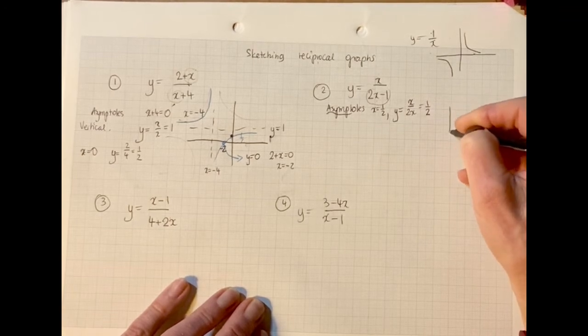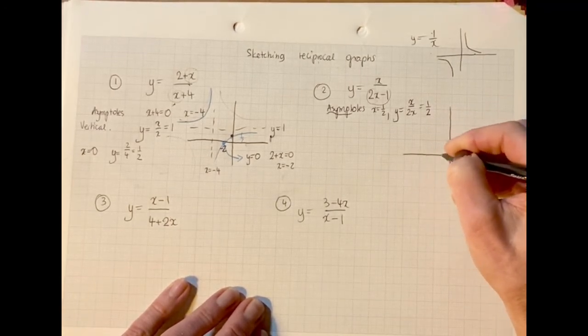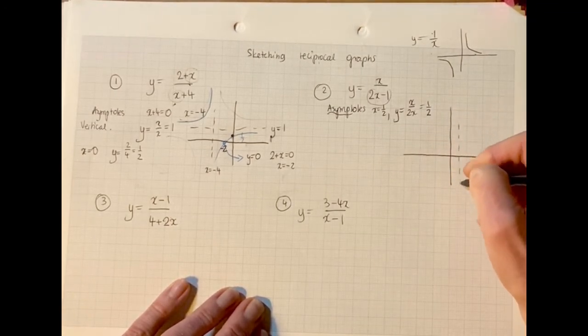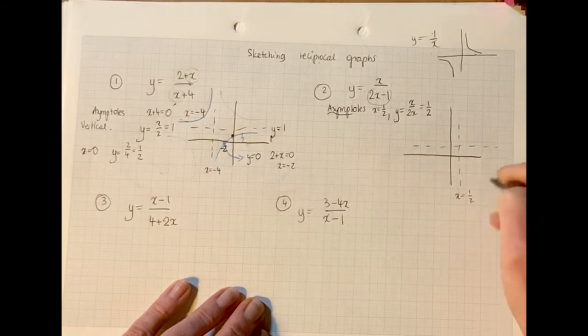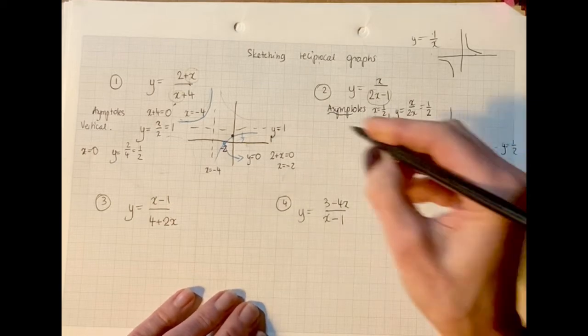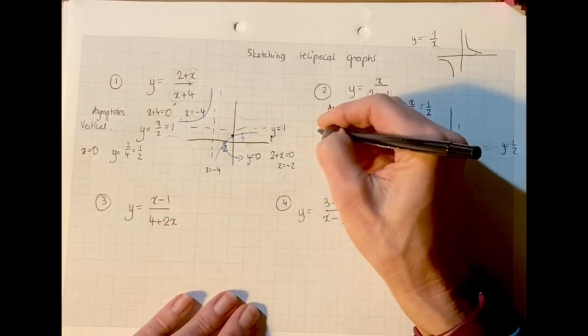So let's sketch the graph. You'll have 2 asymptotes, x is equal to a half and y is equal to a half. So you either have the branches, this one here and one here, or 1 here and 1 here.